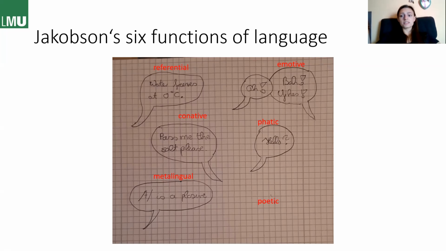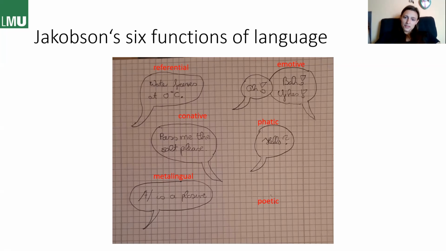This is just a simple statement where you just state a fact. And then we have the emotive function, where we have exclamations like, oh, bah, yikes, which is very focused on the sender itself. And then we have the conative function that focuses more on the receiver, like, pass me the salt, please. With that sentence, you would want the person to do something.